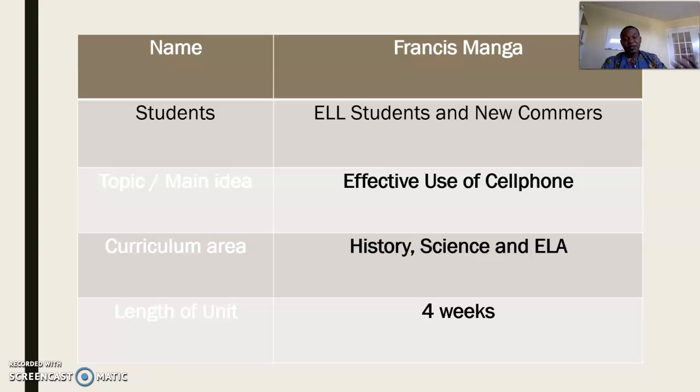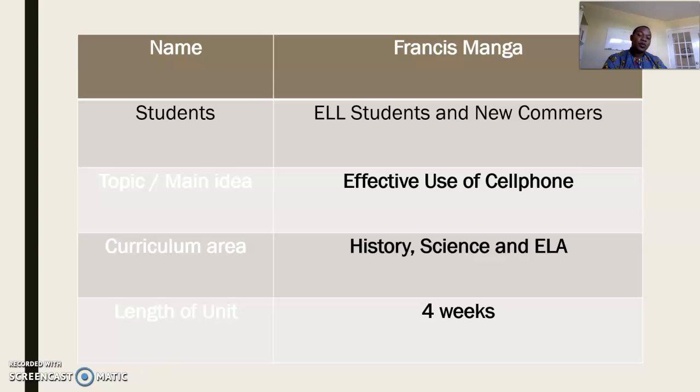So they were given cell phones as well as tablets for their learning, but the administration and teachers have seen that students were not using their cell phones for their learning. They were using them for texting, calling, and it was a source of distraction.